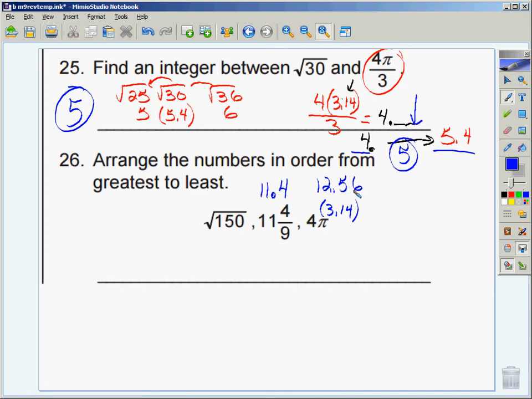And the square root of 150 is between the square root of 144 and the square root of 169. In other words, it's between 12 and 13.